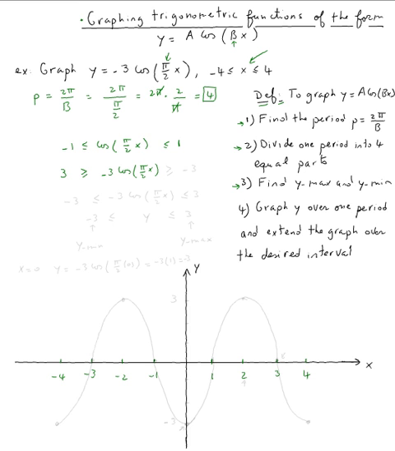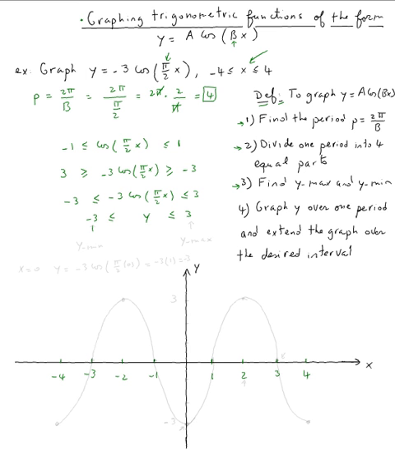Same thing here. You multiply -3 by 1, you get -3, but this changed. This is the same thing as saying -3 cosine pi over 2x is between -3 and 3. All I did is flip the sign. So y is between -3 and 3.